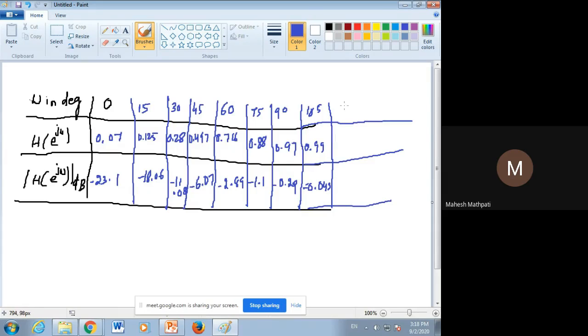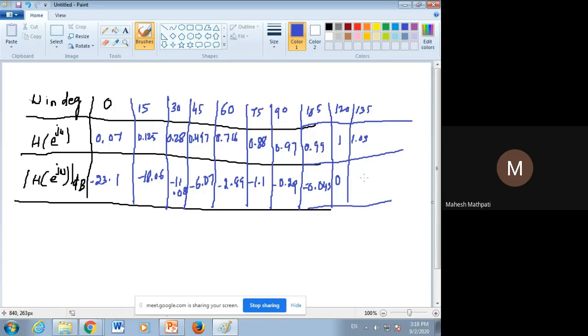Then at 120, it is 1. Okay. Then at 135, it is 1.0029. Okay, we will take it as 1.03 for the next value.